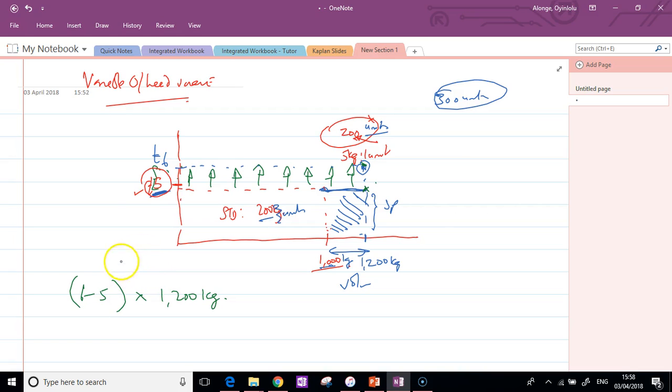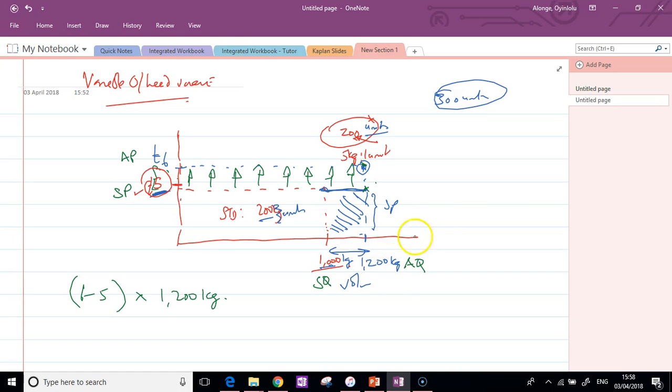If you're looking for the formula, because I'm not a fan, it doesn't matter. This 1,000 kilograms is what we call standard quantity. 1,200 kilograms is what we call actual quantity. This £5 is what we call standard price. This £6 is what we call actual price. Now, if someone said to you, what's the efficiency variance?